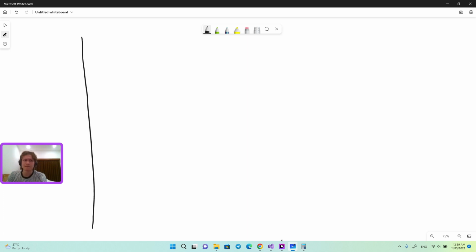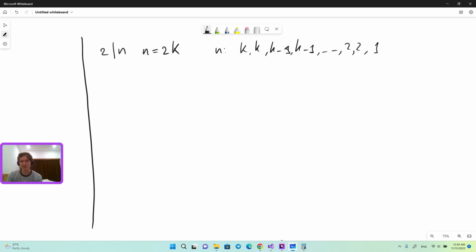Let's consider both cases separately. So first of all, 2 divides n. In this case, let's say that n equals 2k. We have n blocks: k, k, k minus 1, k minus 1, etc., 2, 2, 1, 1. What is the sum of these numbers?